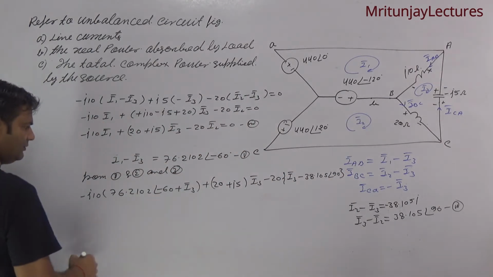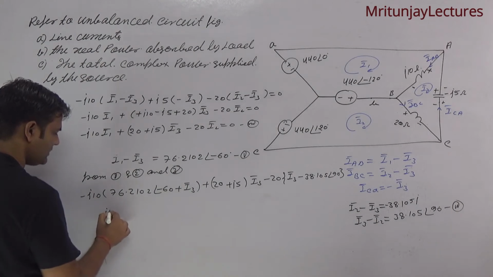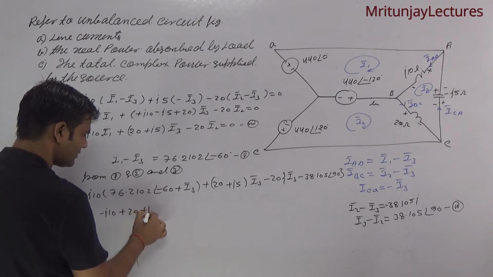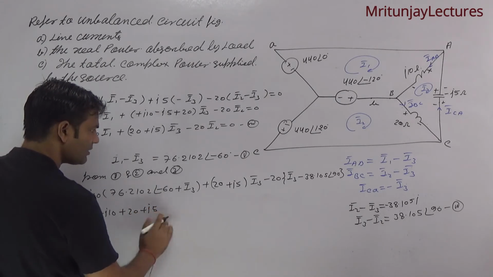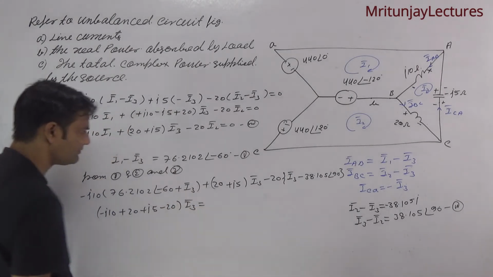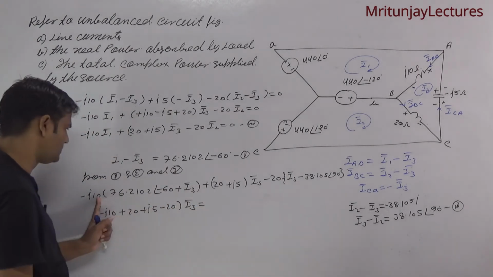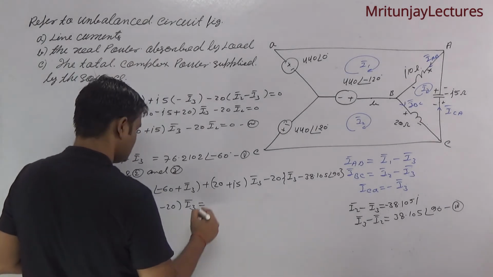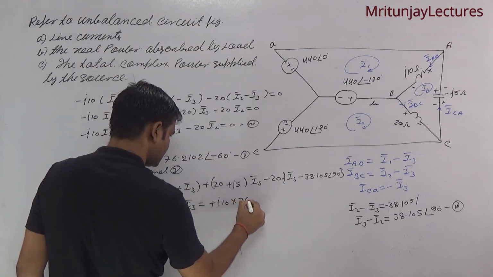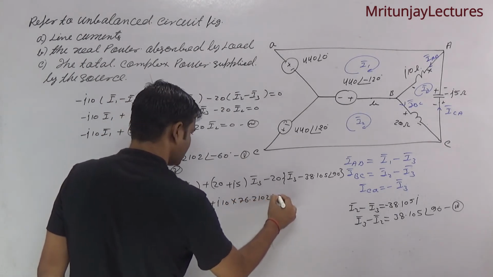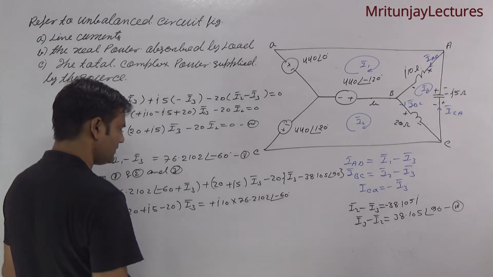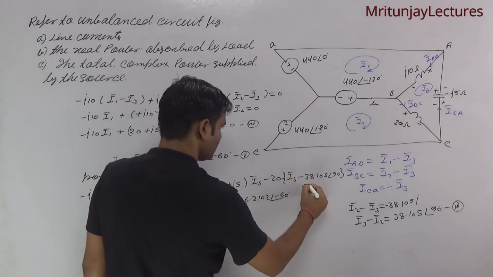Now minus J10 plus 20 J5 minus 20, I3 is written as plus J10 into 76.2102 at the angle minus 60 degree. If this value goes to the other side, this will be equal to 0.